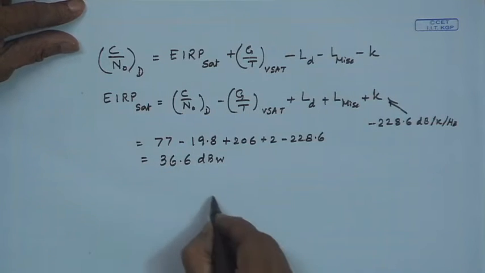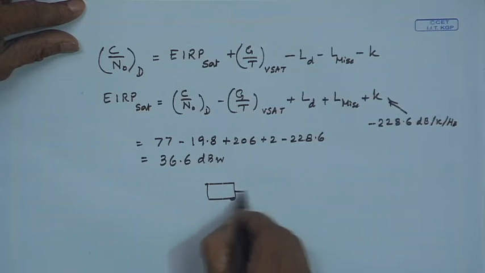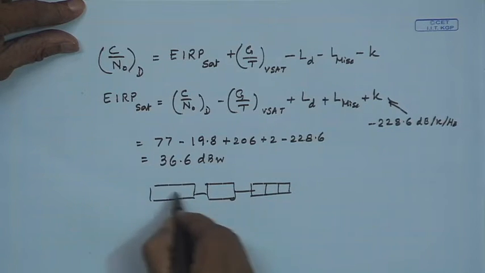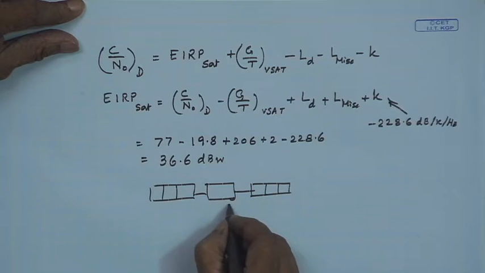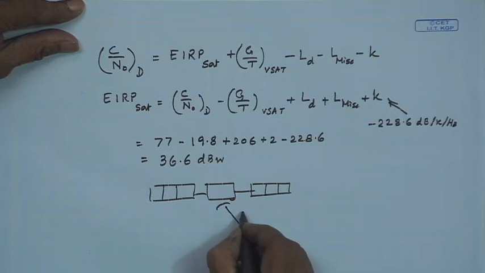Now, we know the satellite EIRP. This side is known, that is the downlink.